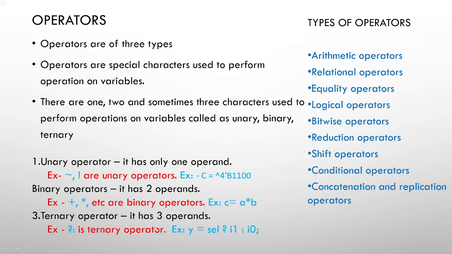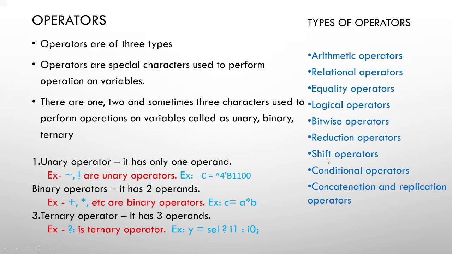And we will be using these operators in various ways, so operators are again categorized depending upon usage. For example, if you want to do additions and subtractions, they come under arithmetic operators. If you want to perform shifting, they come under shift operators.